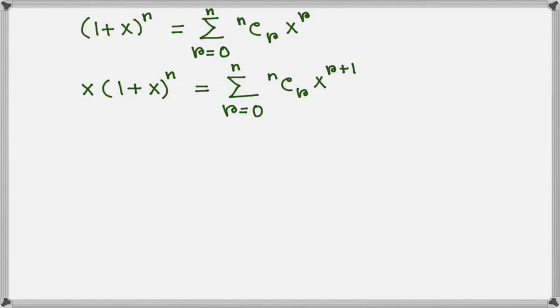Note that this is a polynomial identity, so we can take its derivative.